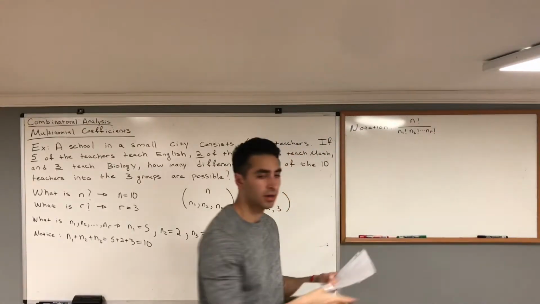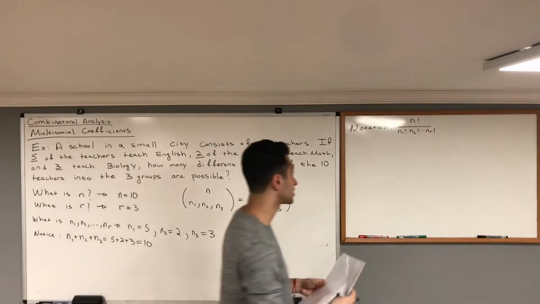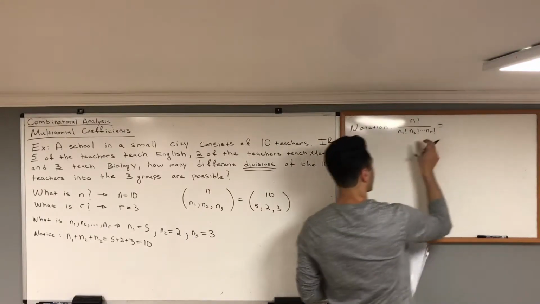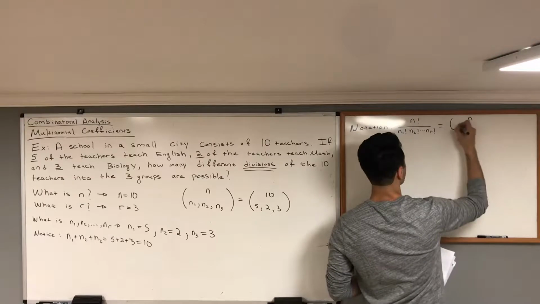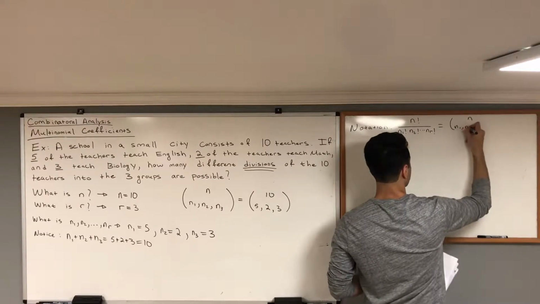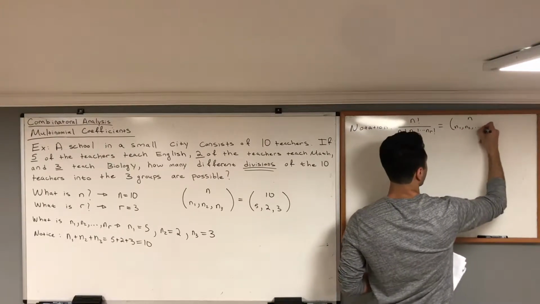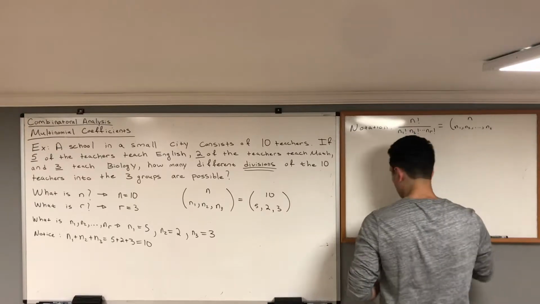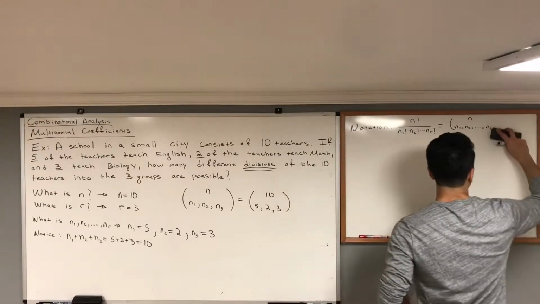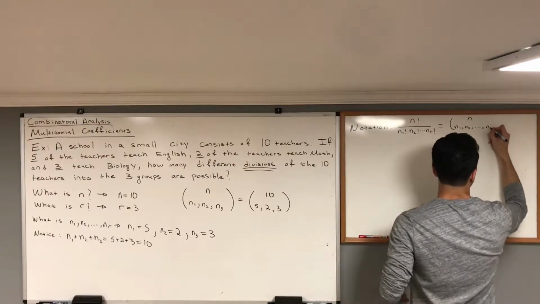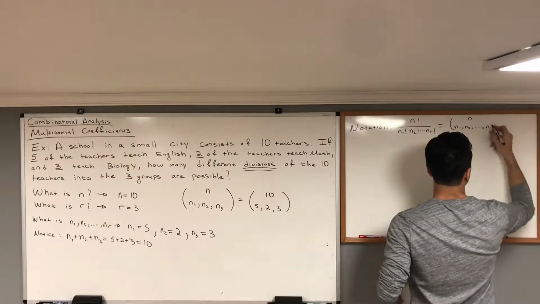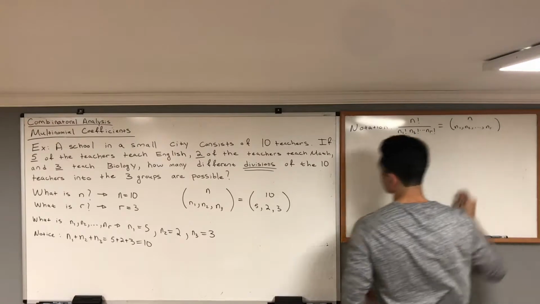Remember, this is what we had for the total number of possible divisions. Instead of writing this all the time, we just like to represent it as n choose all these respective sizes, kind of like a binomial coefficient, except this time we have multiple variables on the bottom.